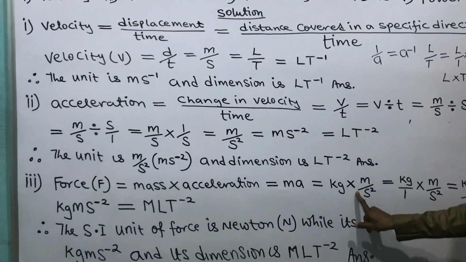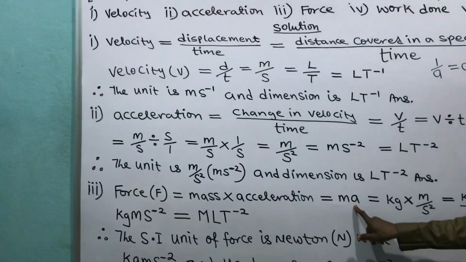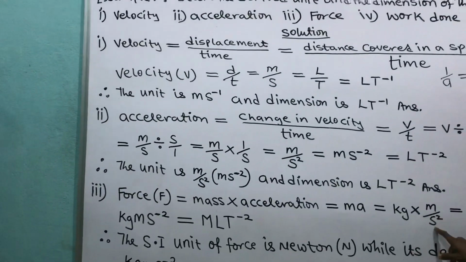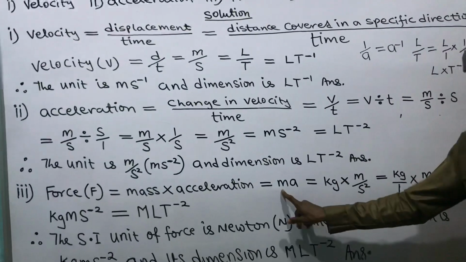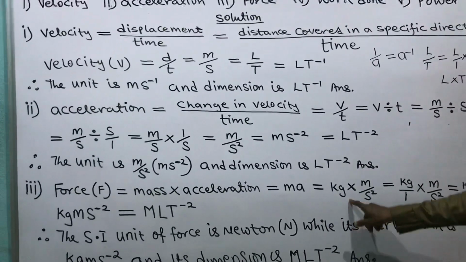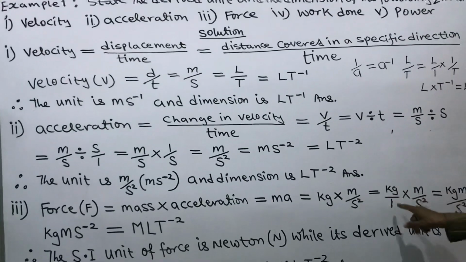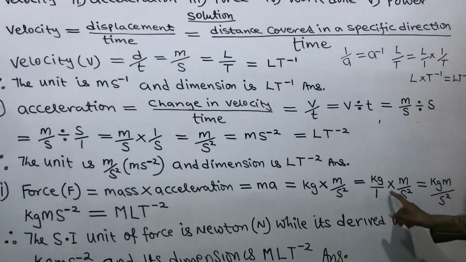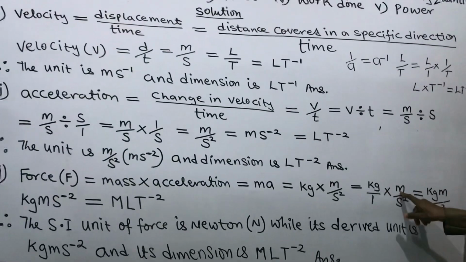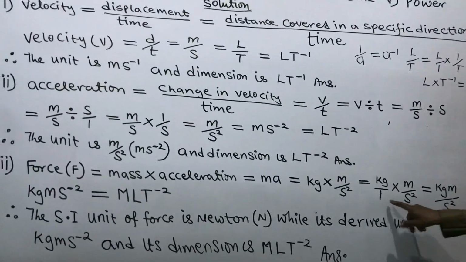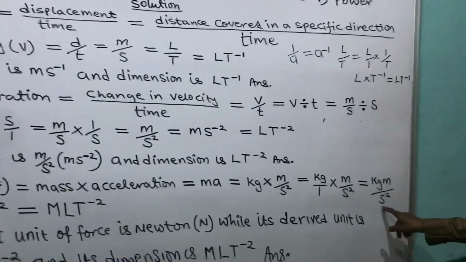Then times the unit of acceleration, which is meter per second square. That's the unit of acceleration, meter per second square, while the unit of mass is kilogram. Then this times this can be written as kilogram over 1 times meter per second square. And this will give me kilogram times meter, which gives kilogram meter, and 1 times second square, which gives second square.